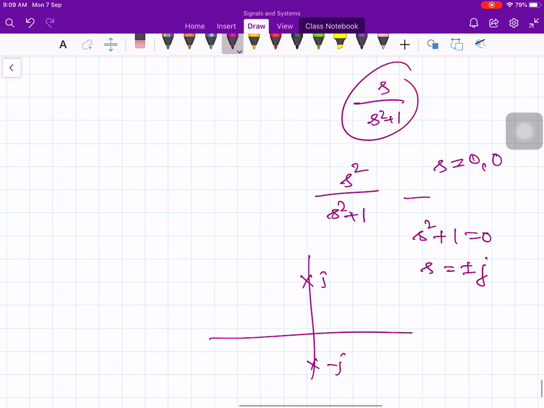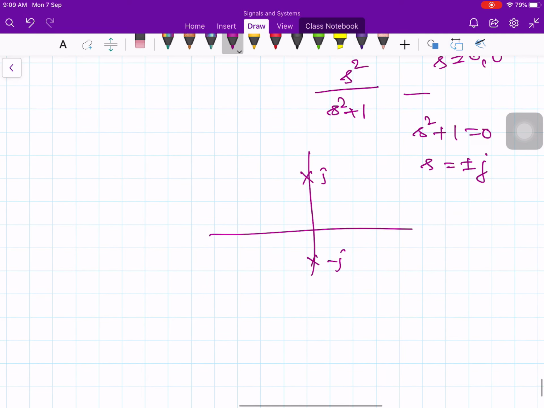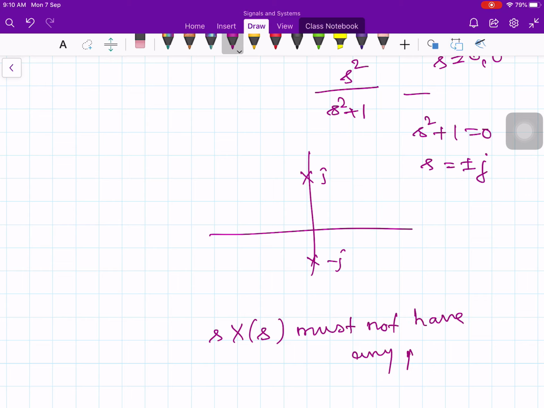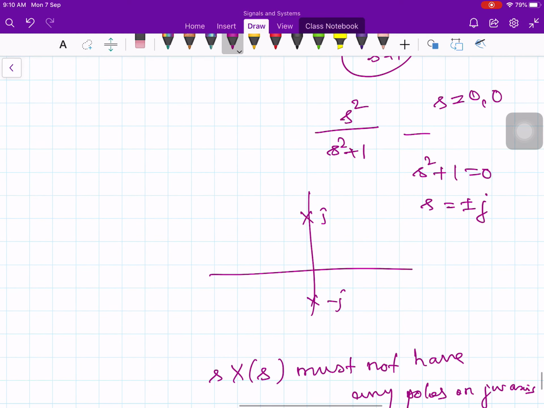But as per the final value theorem statement, s times x of s must not have any poles on the j omega axis. Therefore, the final value theorem fails here. You cannot apply it. The two poles are located on the imaginary axis.